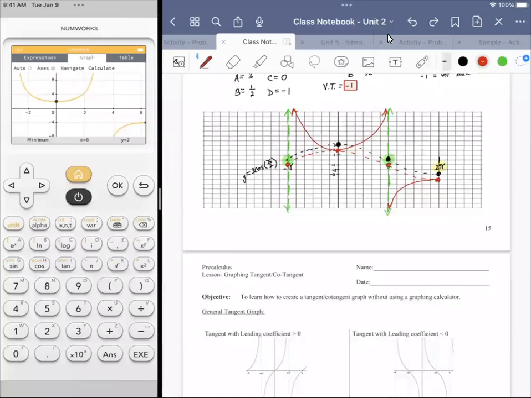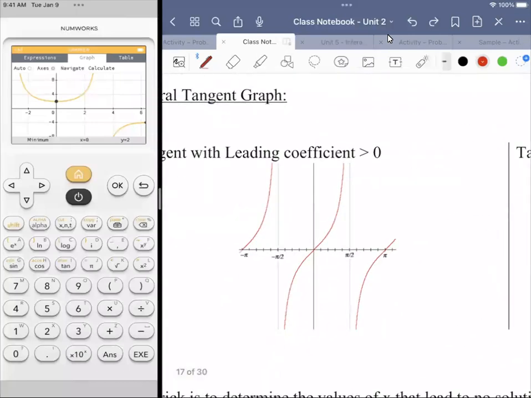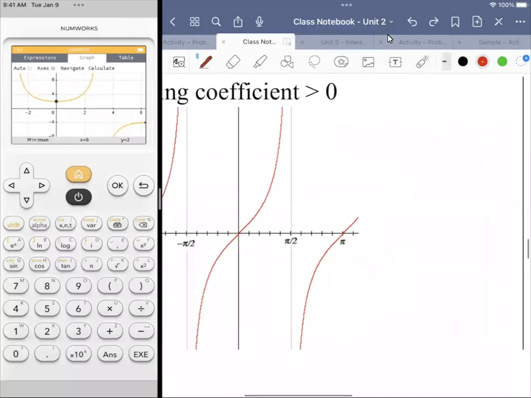It's kind of alarming when you look at a graph like this and say, how am I supposed to come up with that? But the key here for tangent or cotangent is getting those vertical asymptotes, right?